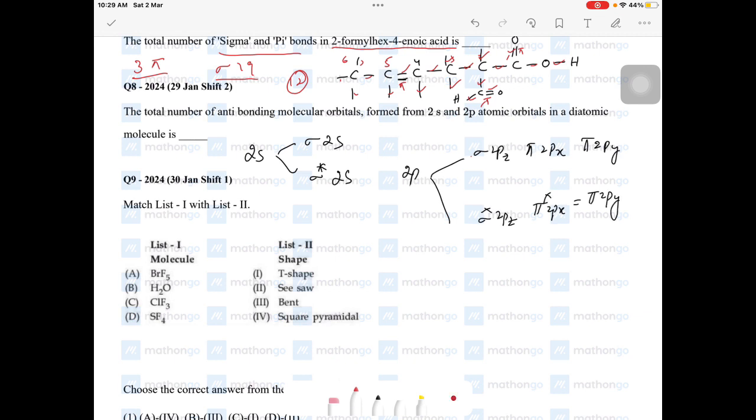So the antibonding ones, with star: 1, 2, 3, 4. The total number of antibonding molecular orbitals from 2s and 2p is 4. That's why the answer is 4.